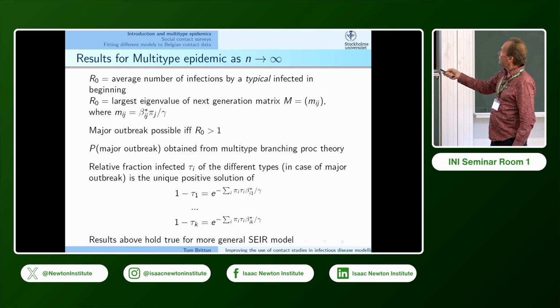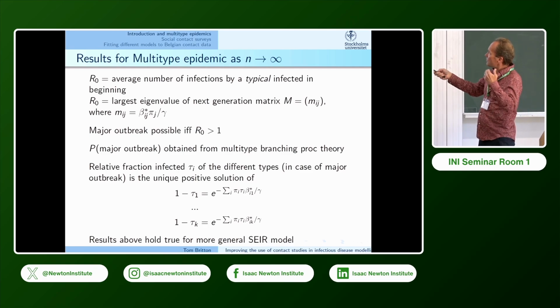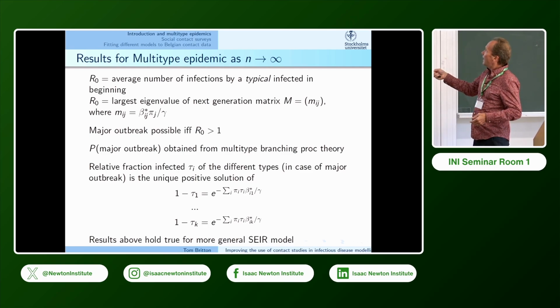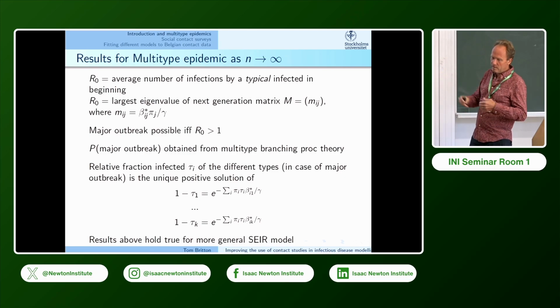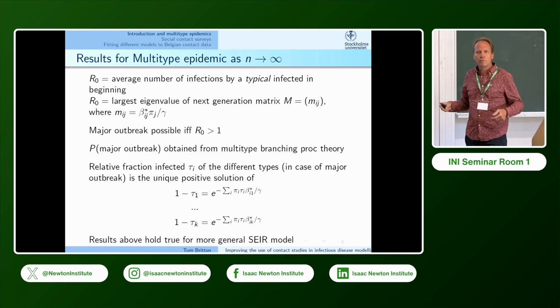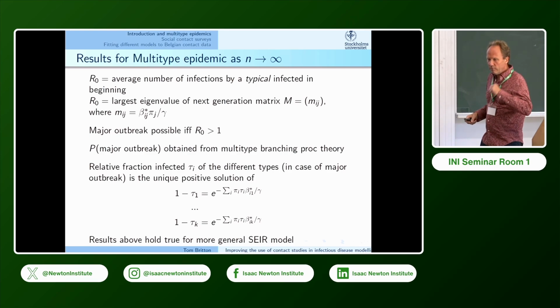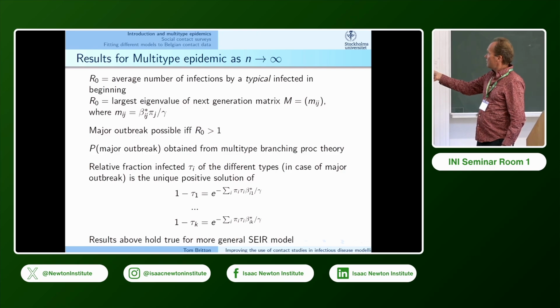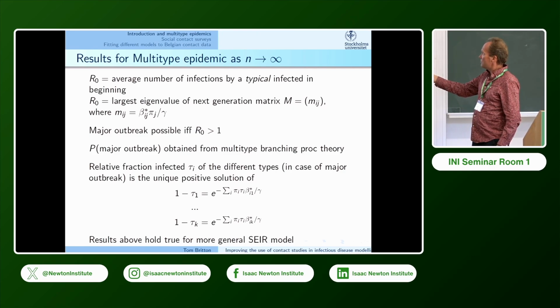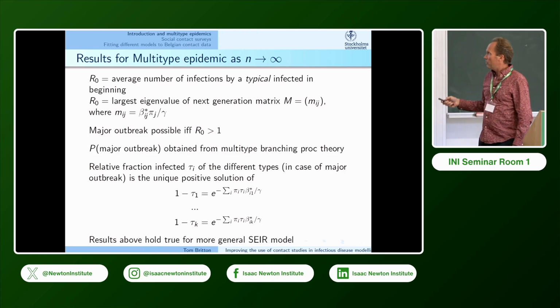So if you know this information, you have this contact matrix, and then you also need to know the transmission probability, which was contained here, and this 1 over gamma is the average duration of the infectious period. So if you know the transmission probability, the rate at which individuals have contact with each other, the population fractions, and the average duration of the infectious period, then you know the reproduction number.